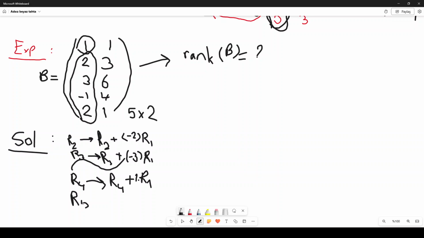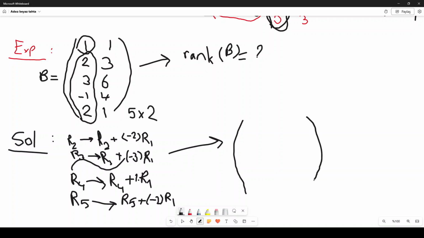And R5, I replace R5, the fifth row, by R5 plus minus 2 times R1. Okay, here's the thing. And the new matrix we obtain becomes, let's see what it becomes.